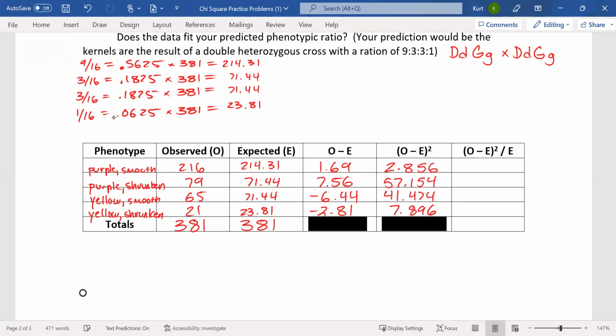Now, if your answer is different from mine by a tenth or maybe two hundredths of a point, that is not going to be a big deal. It's not going to affect your chi-squared. All right, finally, you divide by the expected. 2.856 divided by 214.31 is 0.013. 57.154 divided by 71.44.